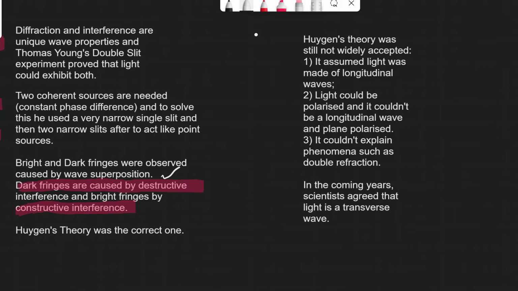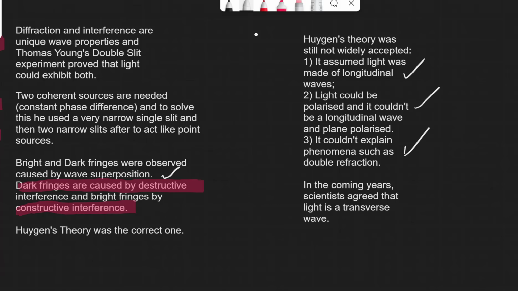Why is that? Well, Huygens' theory actually assumed that light was made out of longitudinal waves, but in a separate experiment we've already shown that light can be polarized, so it can't be both a longitudinal wave and exhibit polarization. But it also couldn't explain other phenomena such as double refraction and things like bright shadow edges, and there were a few things that it couldn't explain.